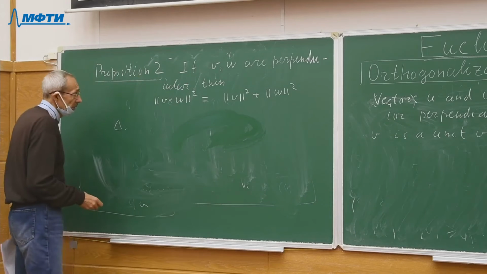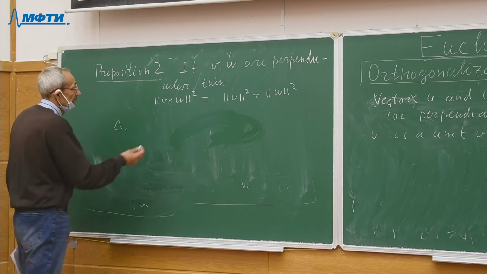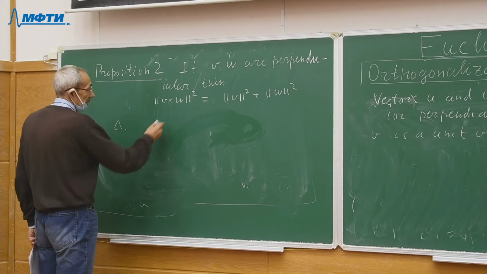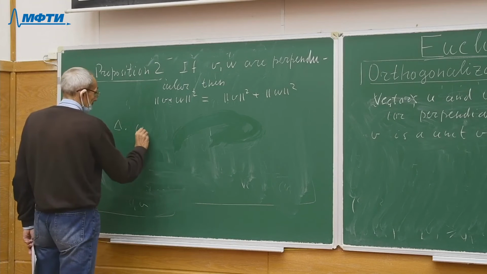The proof of this theorem is fairly evident. The left-hand side of this equality is the scalar square of this vector.